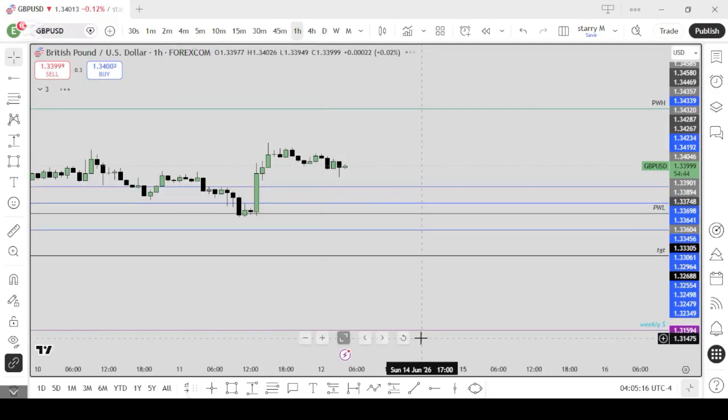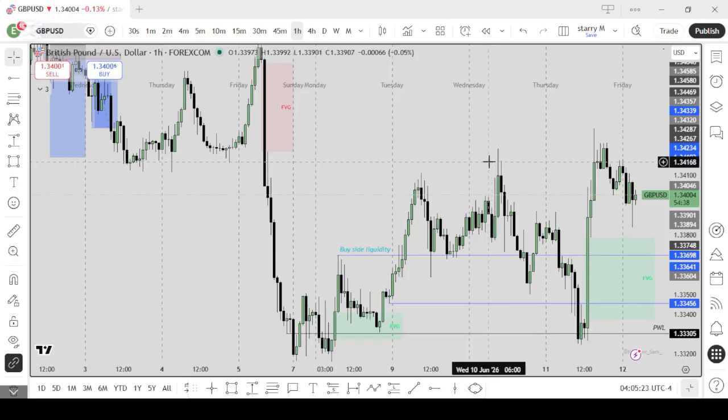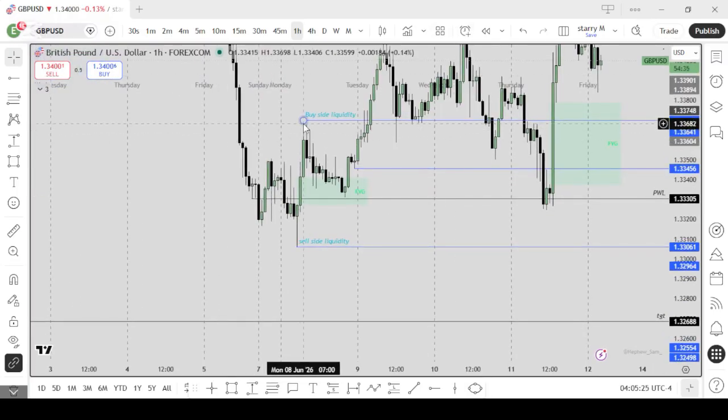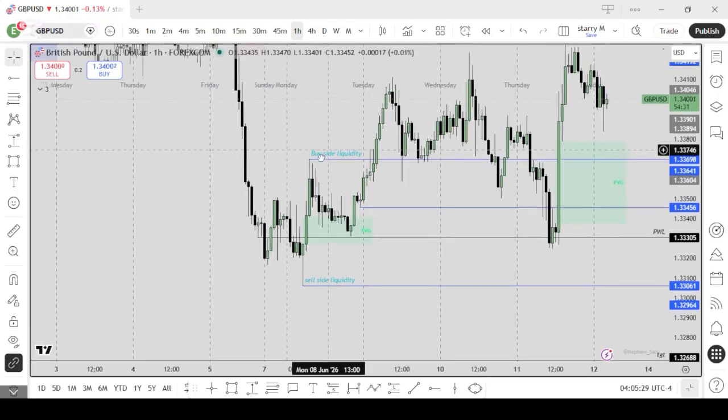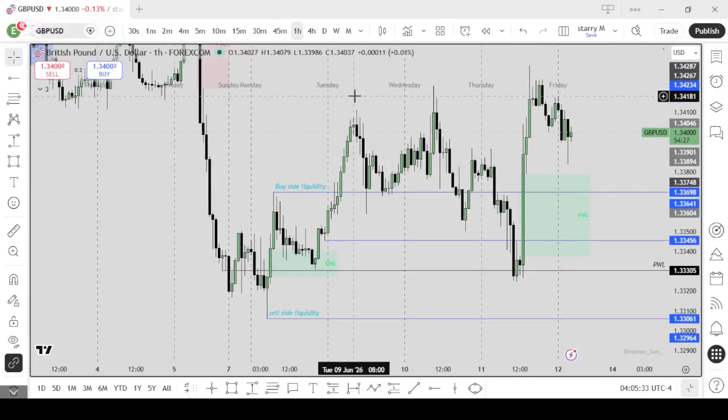So we go to the 1 hour on Monday. We created this fair value gap here, and then the daily fair value gap. This is the end of the fair value gap. Tuesday we mitigated it, but on Tuesday there was no market structure shift.